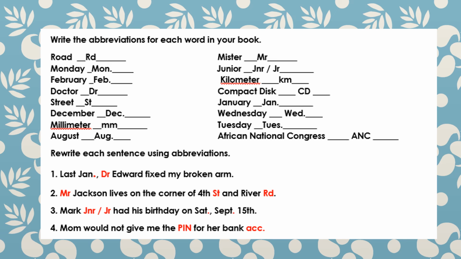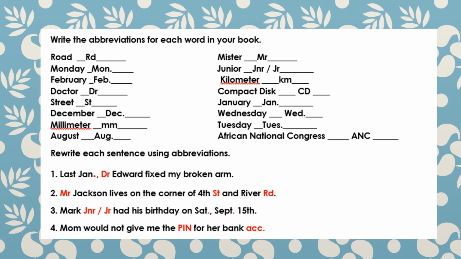Kilometer is small k, small m. Compact disc, CD. January gets a full stop, Jan. Wednesday, wed, gets a full stop. Tues gets a full stop. And ANC.